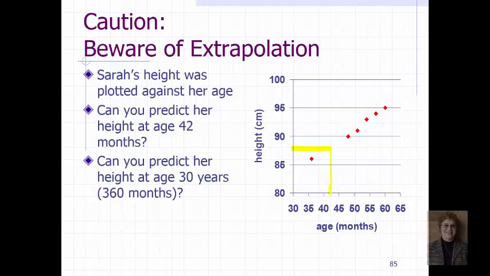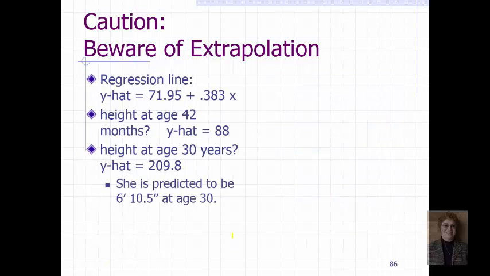I can also use my data to find my line of least squares regression. But what if I wanted to predict her height at 30 years, which is 360 months? What would that be? Well, at age 42 months, her predicted height is 88 centimeters. That makes sense.